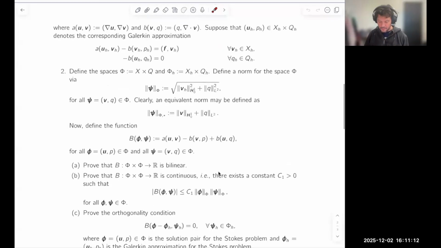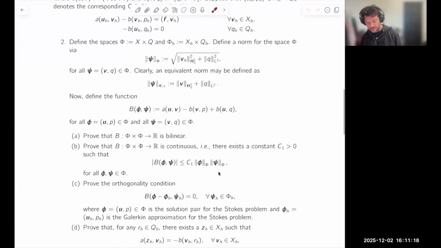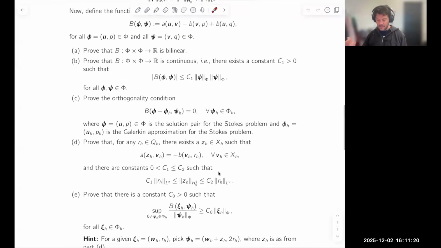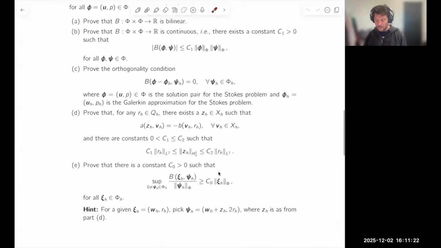So this space phi and phi h are both product spaces. So how do we add things together in those product spaces? Well, you just add them together in a kind of vectorized way. So that's quite easy to do.